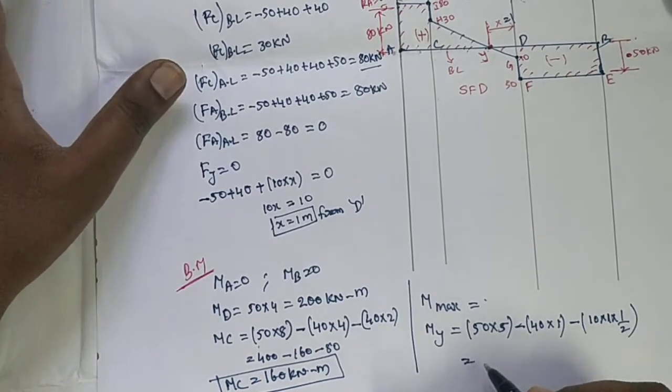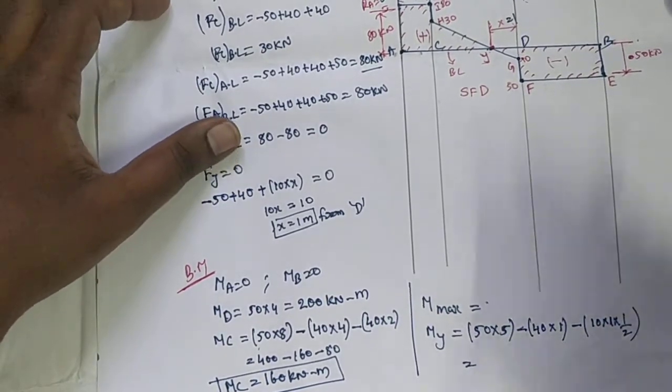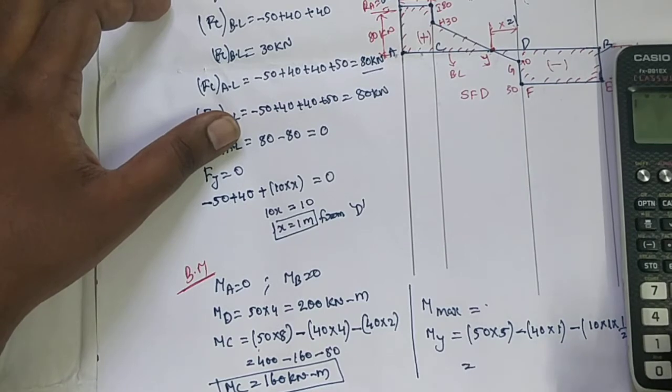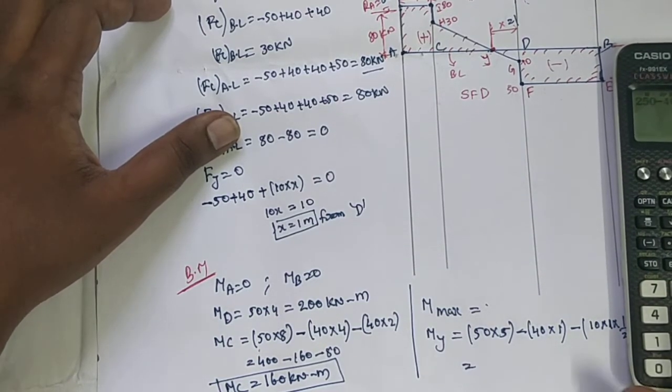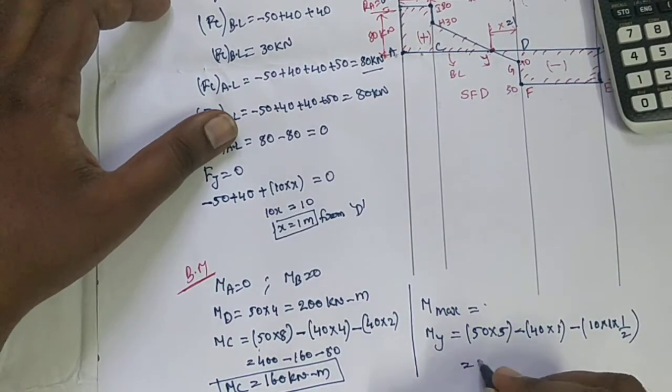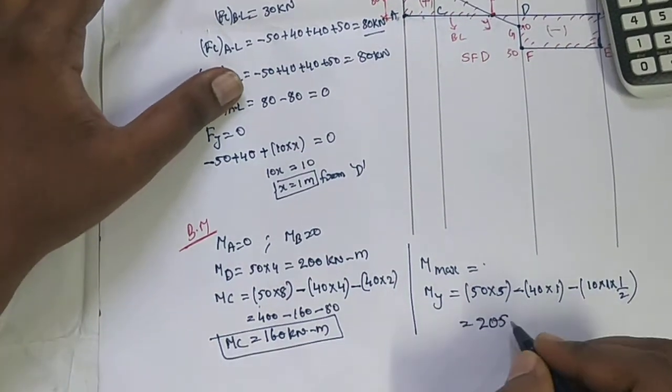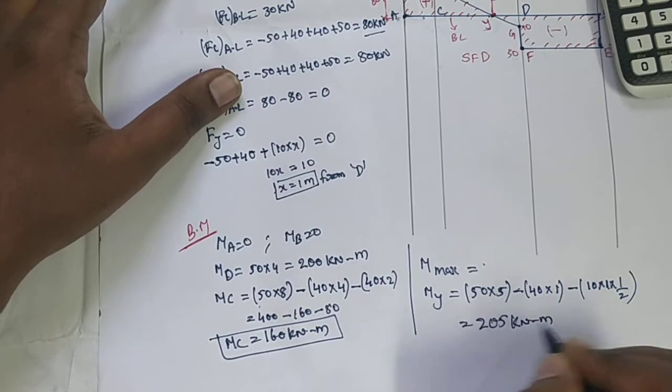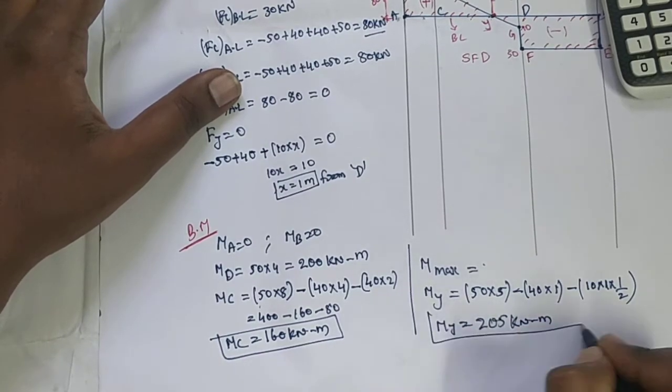The final value is bending moment at point Y, that is 250 minus 40 minus 5, that equals 205 kilonewton meter. It is the maximum bending moment at point Y.